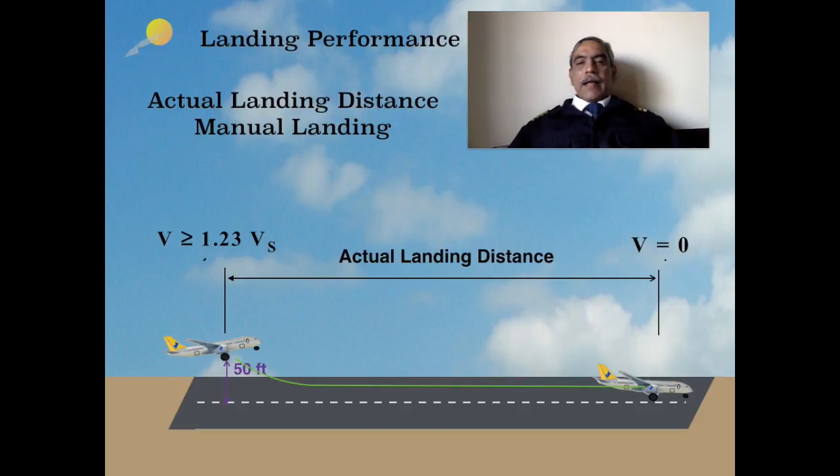This is the actual landing distance. At this point I want you to notice that I have specifically mentioned that it is for a manual landing. So we are going to see it further.